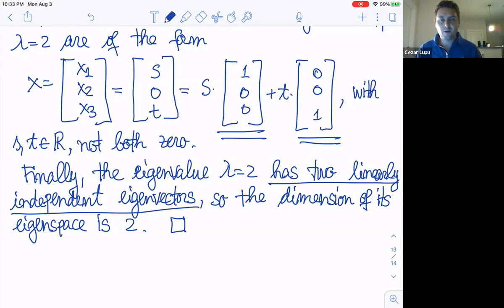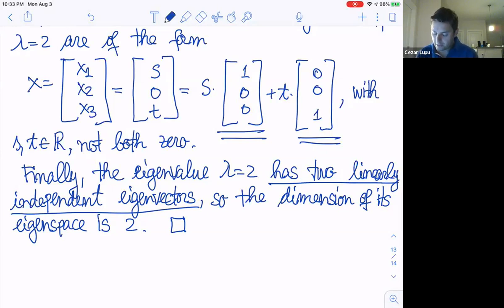So this is how we determine the eigenvalues and the eigenvectors of a 3x3 matrix. As you can see, the story is quite similar to 2x2 matrices. It's basically the same. All right. Okay.